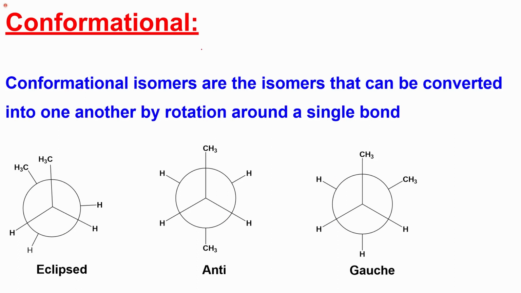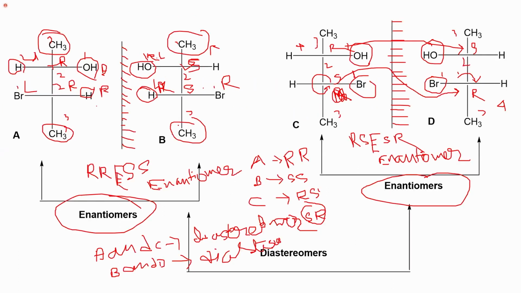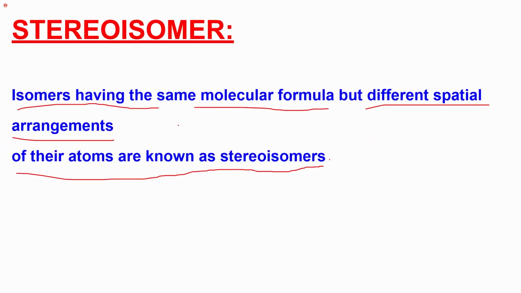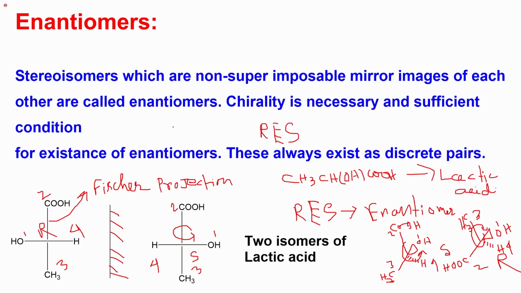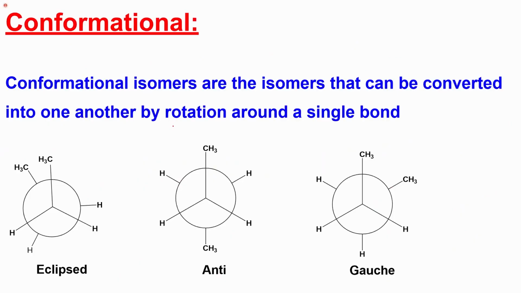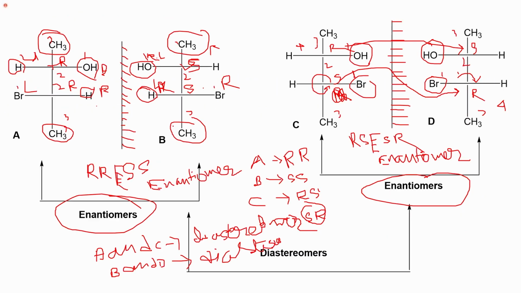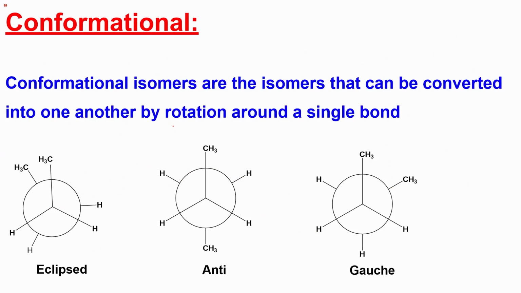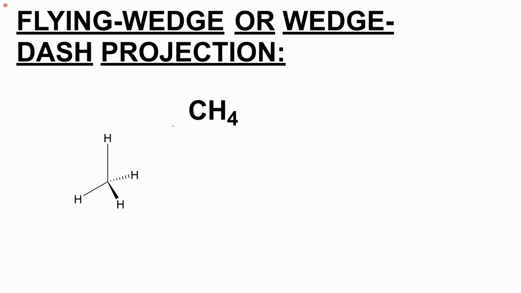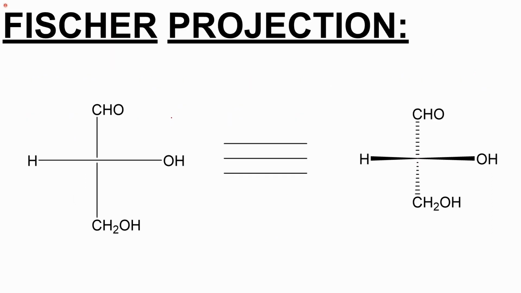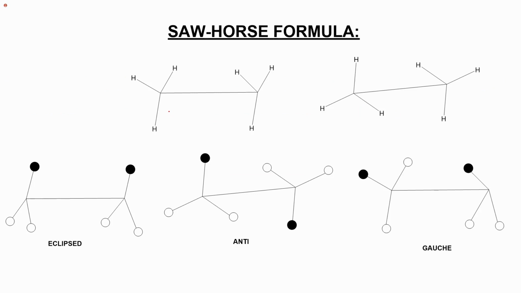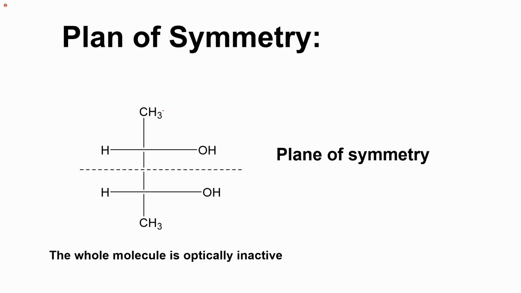So we have discussed so far the three or four question answer session, and then we have discussed stereoisomers, then enantiomers, then enantiomers and diastereomers. Maybe in the next class we will discuss conformation, flying wedge, the Fischer projection, the Sawhorse projection and the planar symmetry.